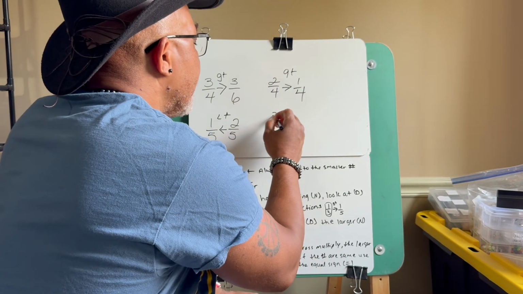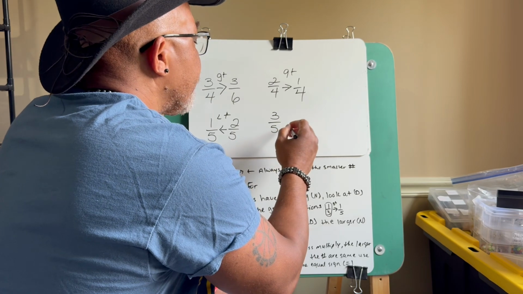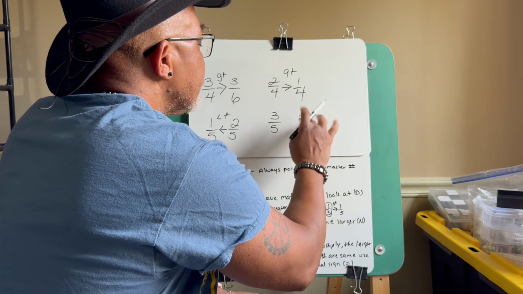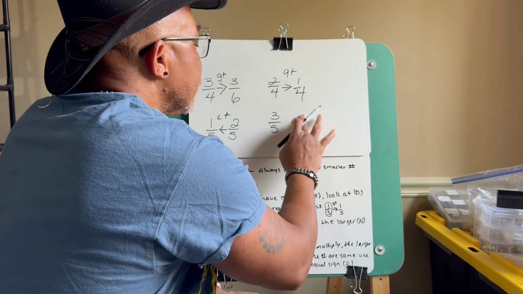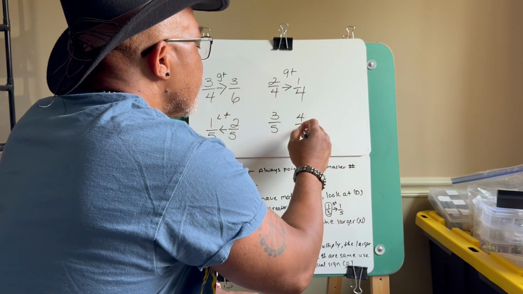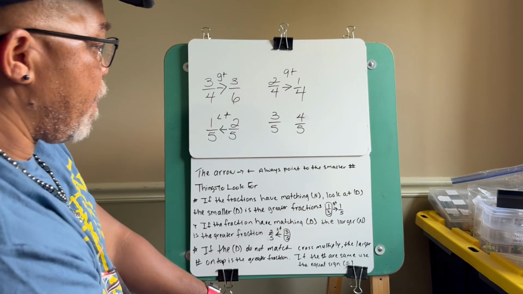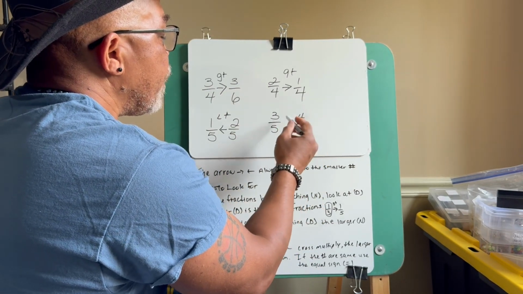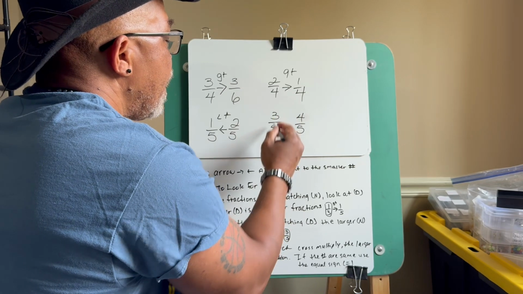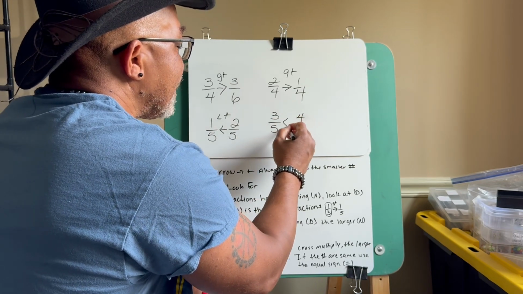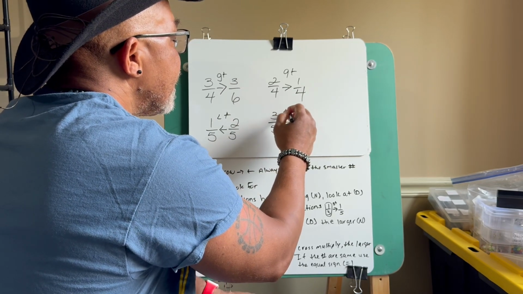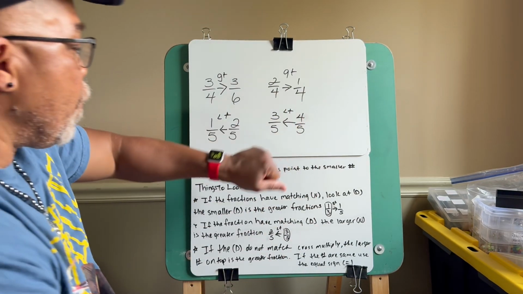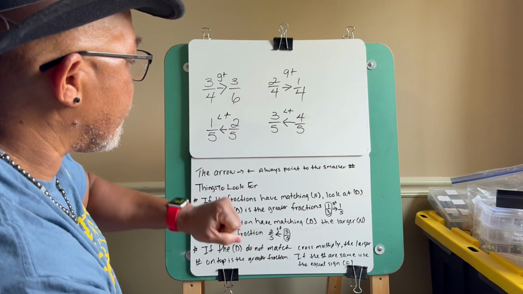Let's say we had 3/5 and we had 4/5. Since 4 is bigger than 3, that means that 3/5 is less than 4/5. Remember, the arrow always points to the smaller number.